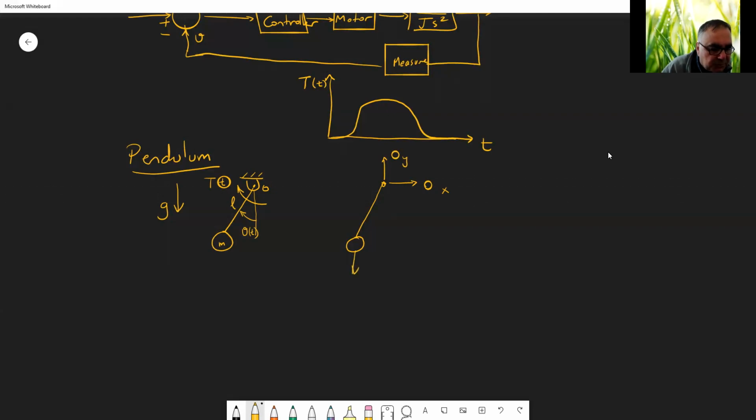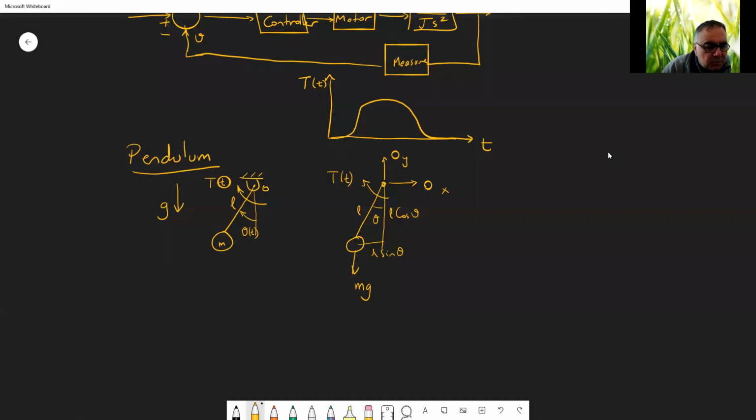There is the mg force that is downwards, and there is also a torque, T of t. This angle is theta. This distance is L. This is L cosine theta, and this distance is L sine theta, as you can see here.